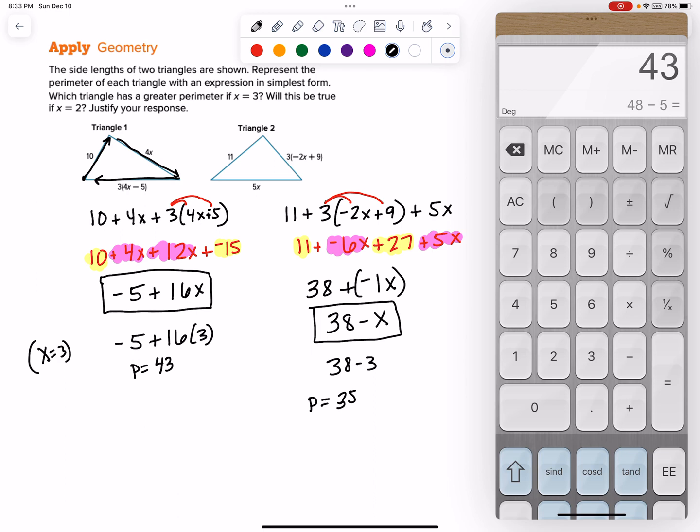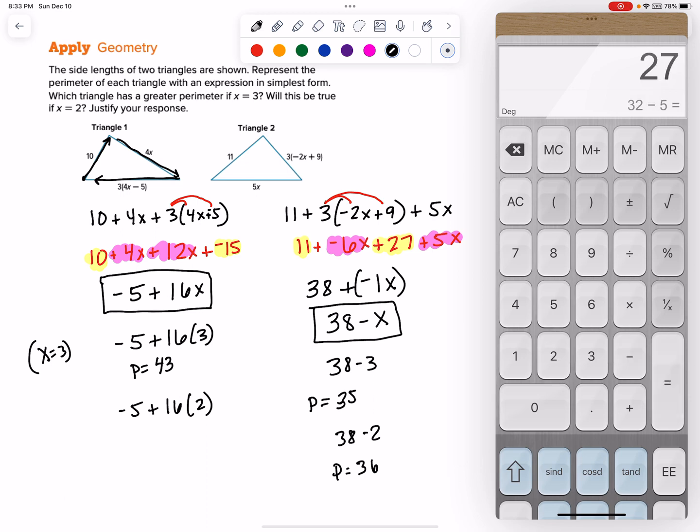Will this be true if x equals 2? Well, obviously we're using the same number for both, so it's proportionally adjusting it. But if we have to justify and prove it, we could. So we would just plug in, annoyingly, the 2, and we would do 38 minus 2, and we would get P equals 36, and we would get 16 times 2 minus 5.